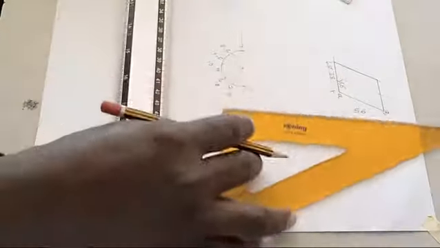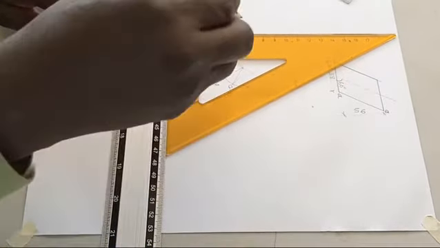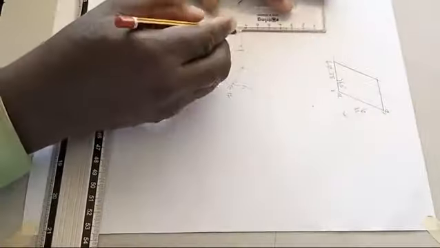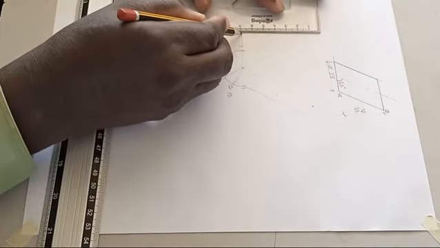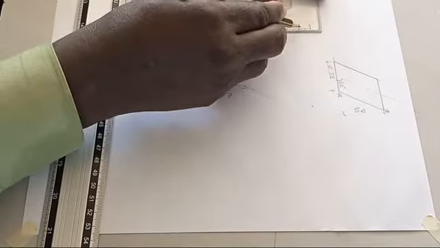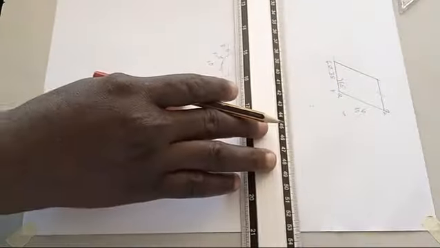So at any point you can draw a vertical line, and measure this height, 56. This is 56. At that point, you draw a horizontal line from that point.